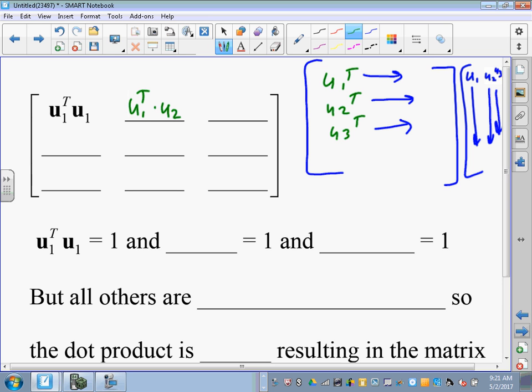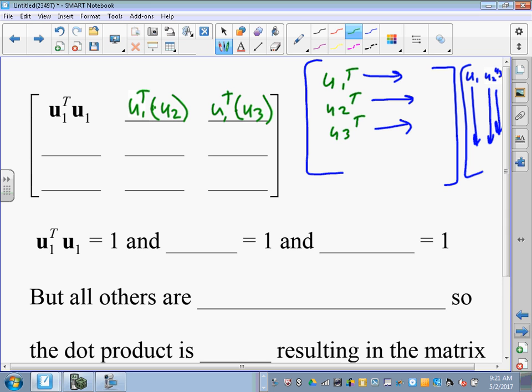And over here is going to be U1 transpose dotted with U3. Or multiply. That should be multiplied. Let's put parentheses around that, because it's a 1 by 3 times a 3 by 1. So it's going to give you just one value in each of those places.